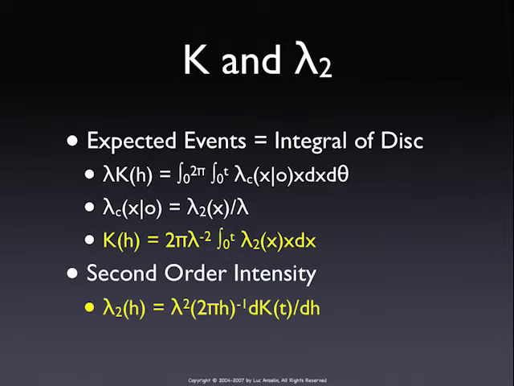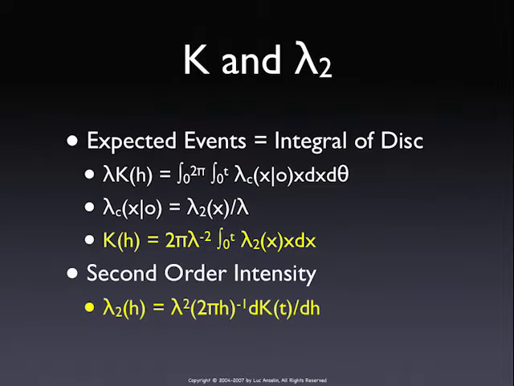The importance is that we have a connection between something, this K of h, that we can easily estimate. We just saw how to do it. We take an average of the number of points within a given distance divided by the intensity, and this thing which is a bear to estimate. But the advantage is that this is actually a theoretical characteristic of the process.